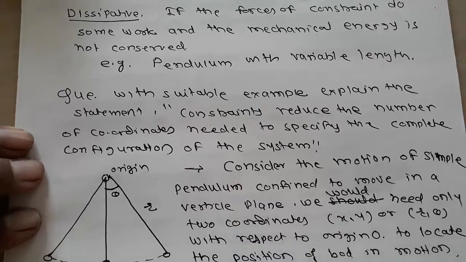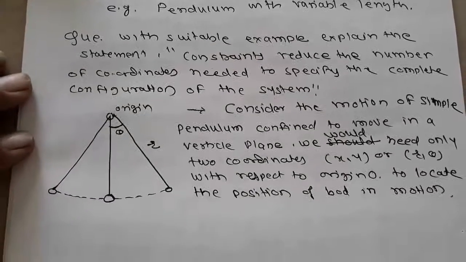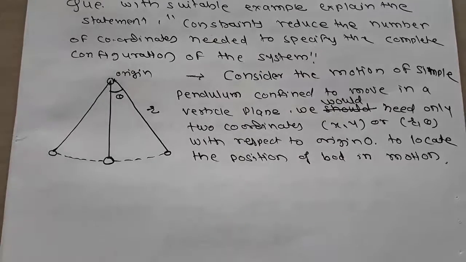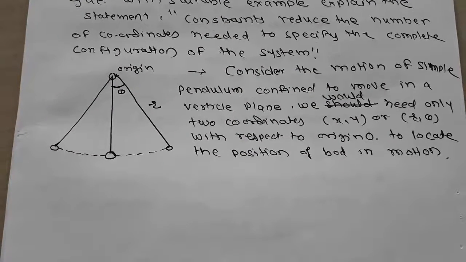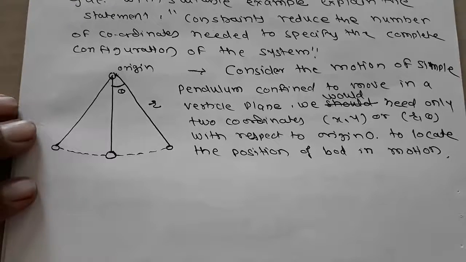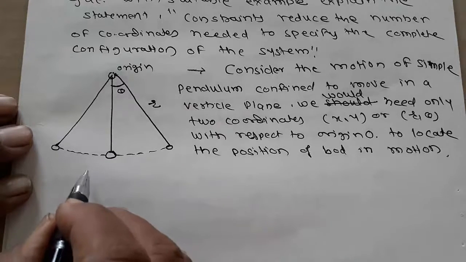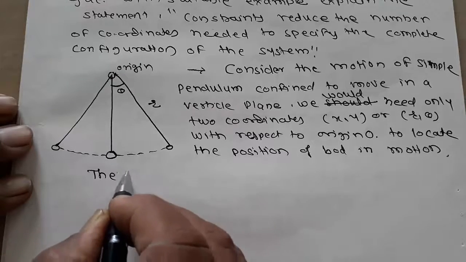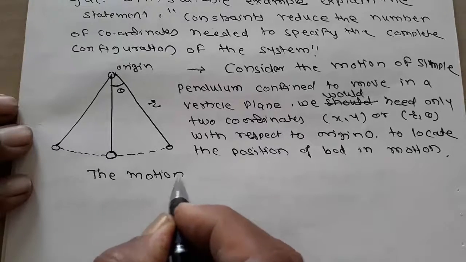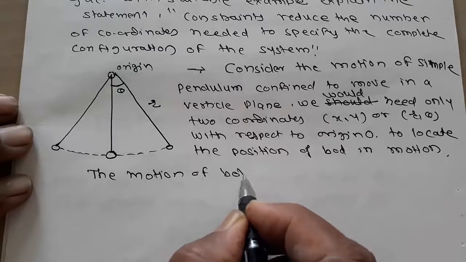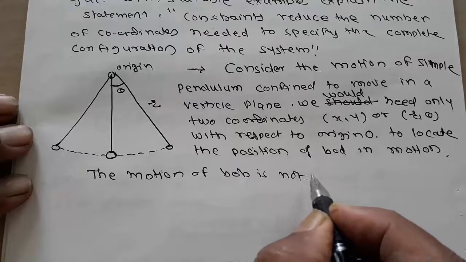To locate the position, we require two coordinates, either r theta or x y. The motion of the bob is not free.